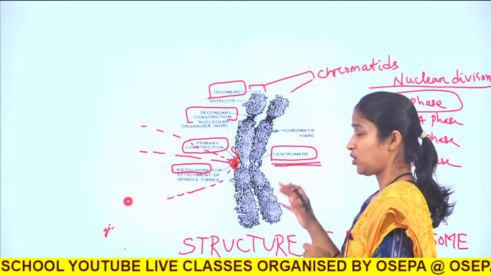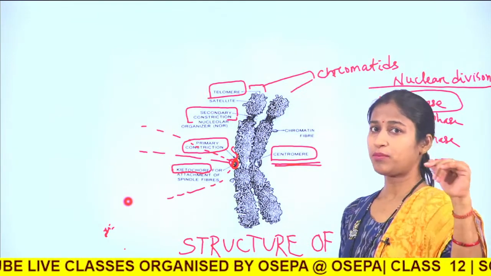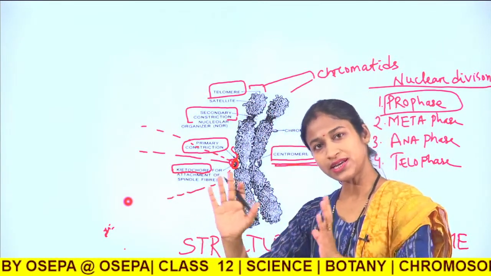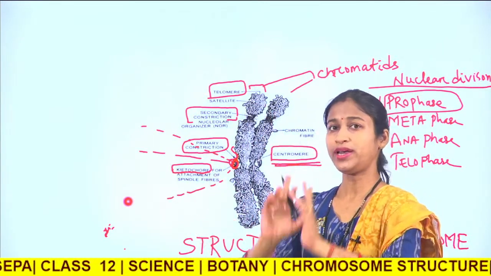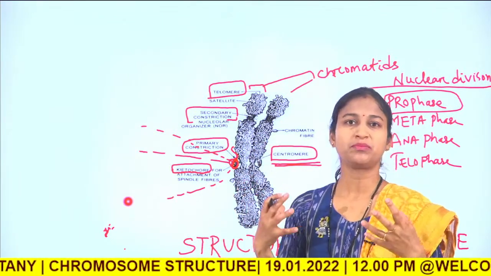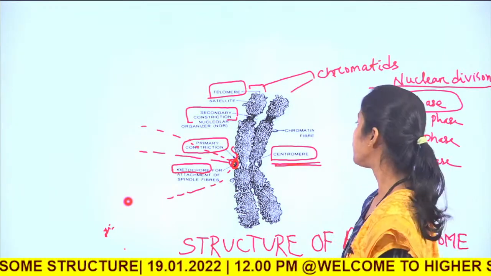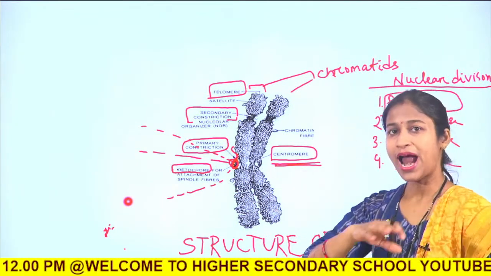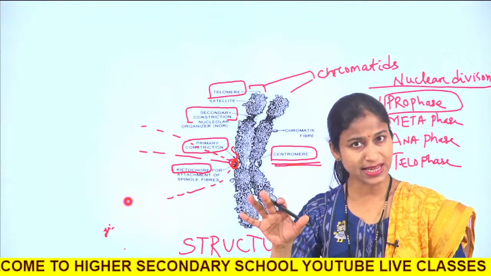The chromosomes condense into the metaphasic structure showing two sister chromatids, with much condensed chromatin fibers. The nuclear membrane and the nucleolus completely disappear.